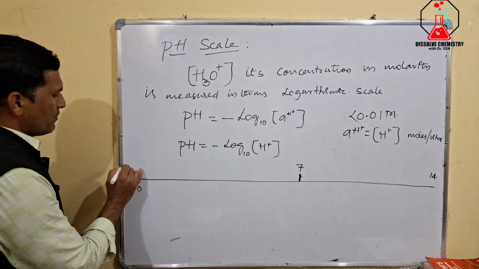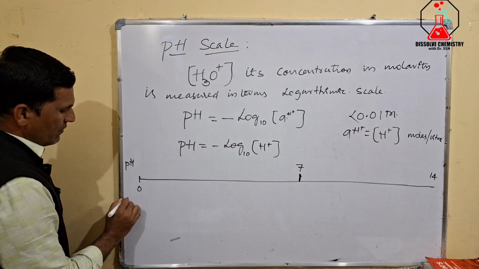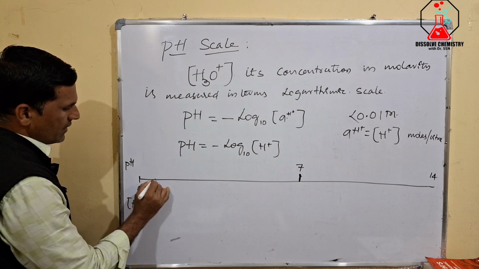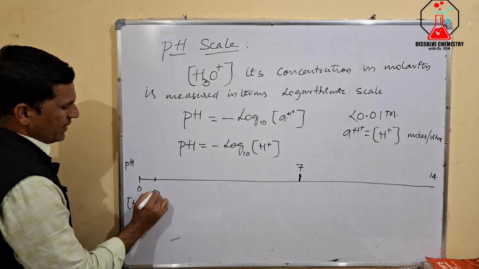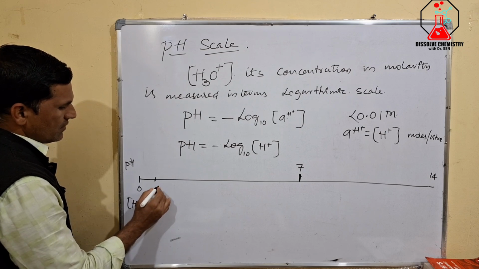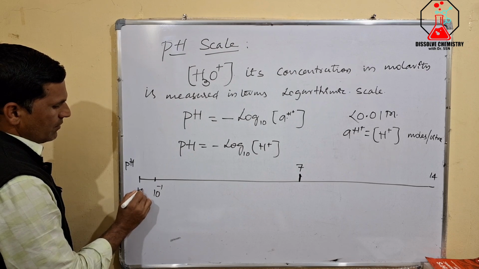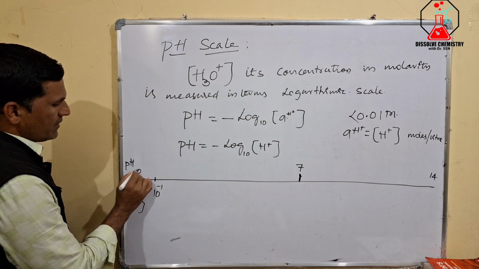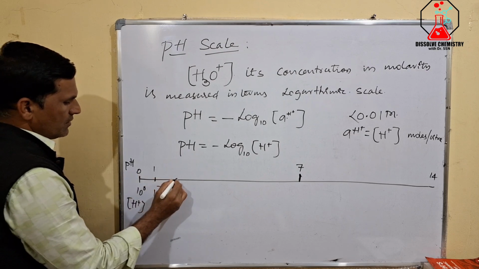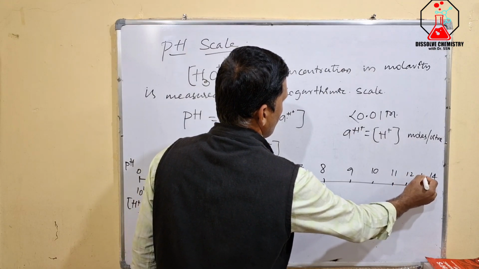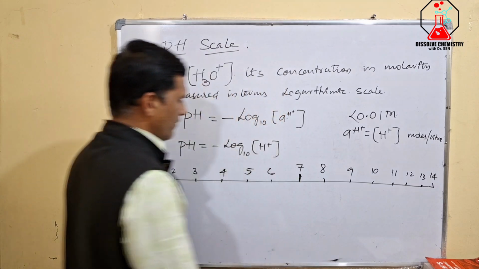We take pH on top, and below we take the H plus ion concentration, like this: 10 to the power minus 1, 10 to the power 0. So here we will write 0. This is 1. So 12, 13 and 14 we will take.